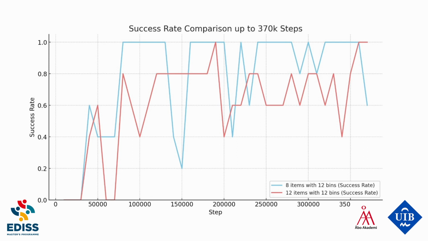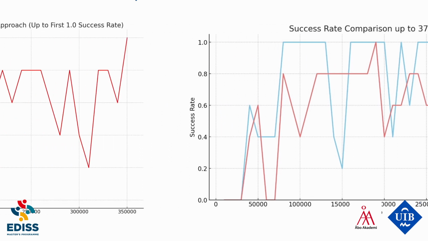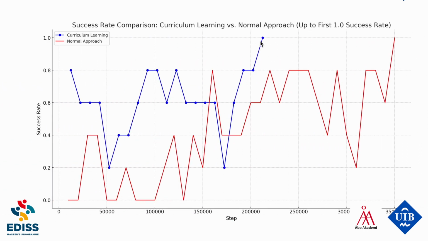So that's why we utilize curriculum learning, the blue line here, to reach the same 100% success rate within the first 250,000 steps, as compared to the normal approach, which would have normally taken more than 350,000 steps for learning an environment where the tasks had variable weights.